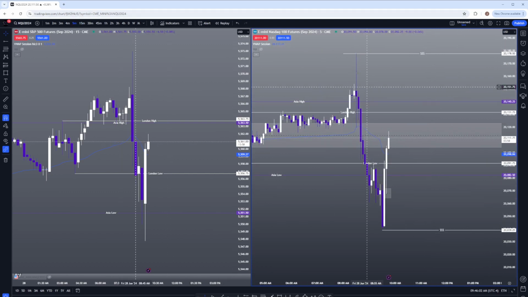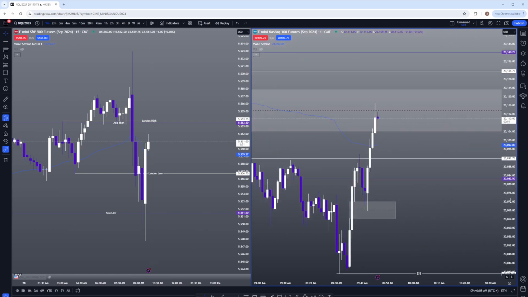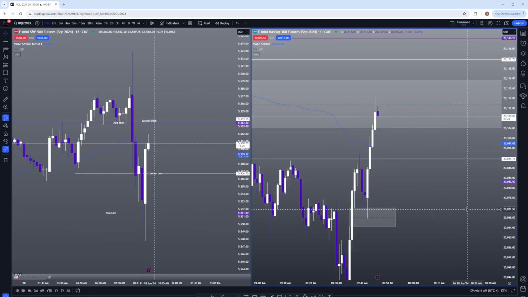We're now into a premium of this dealing range here. Just touched off the 50% of that hourly bearish breaker. So if price was going to head down, this is where I would want to see it head down from.